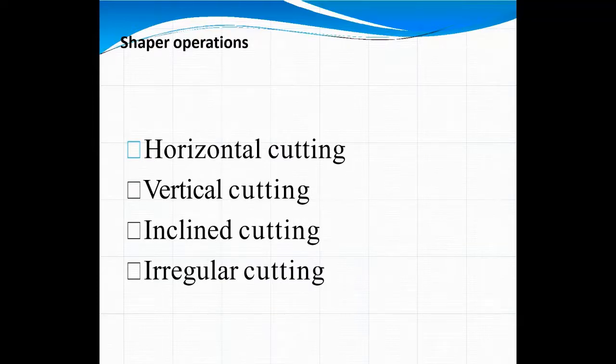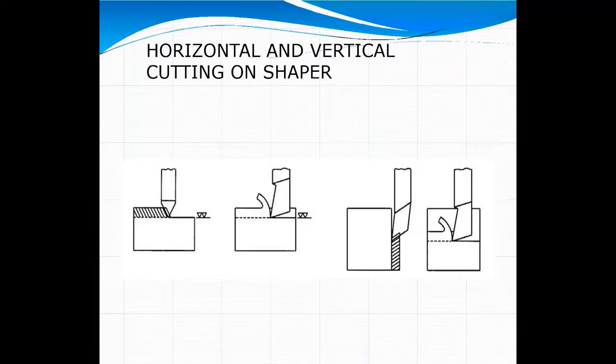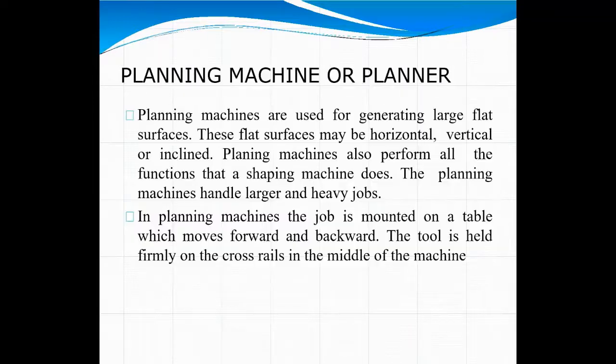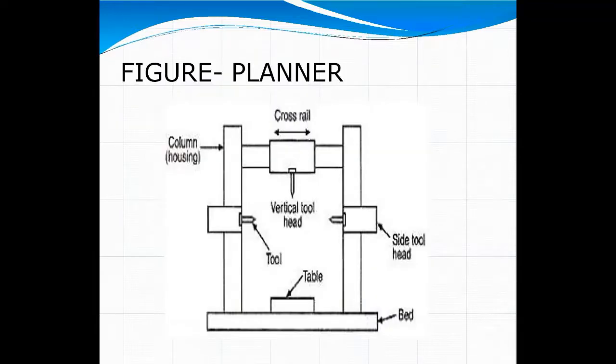So actually in shaper machine the job is in a particular position, tool is moving in to and fro motion, horizontal cutting, vertical cutting, incline cutting on shaper. These are all done. Normally the shaping tool is used to produce the keyways.